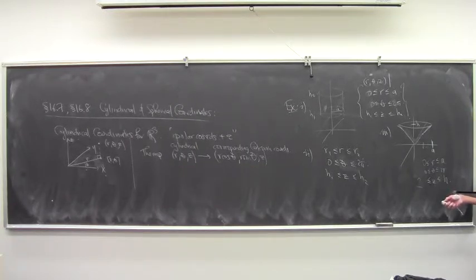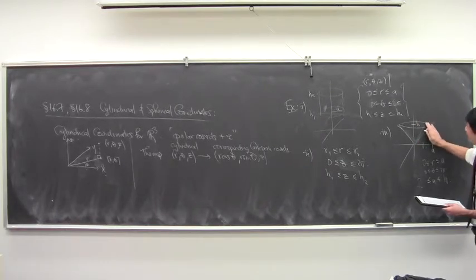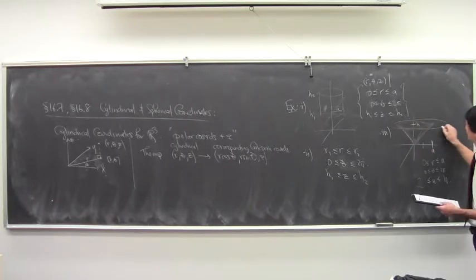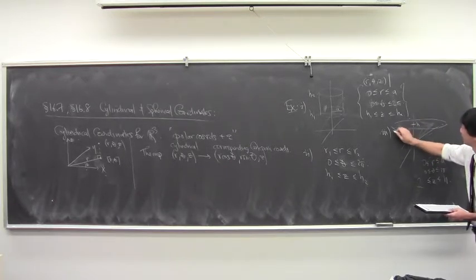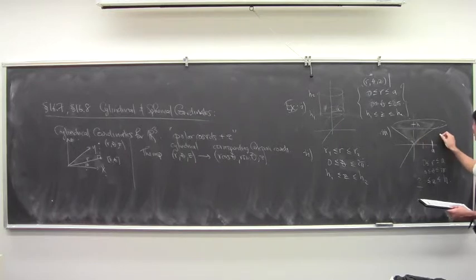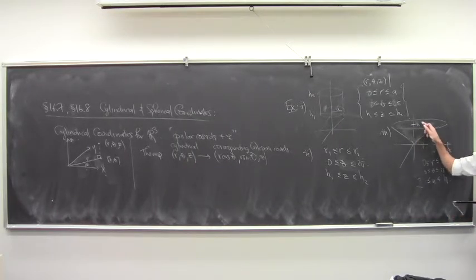It looks kind of like absolute value of r. Okay, but let me make it more suggestive. So a can be anything, right? You need to incorporate h and a into your descriptions.